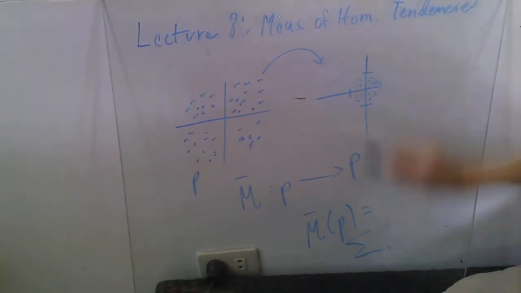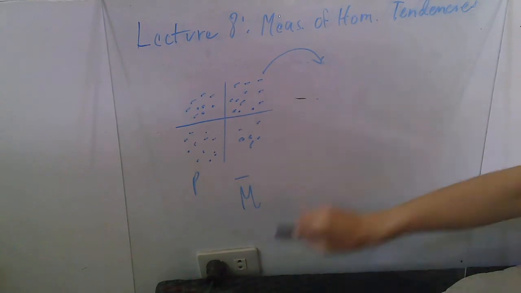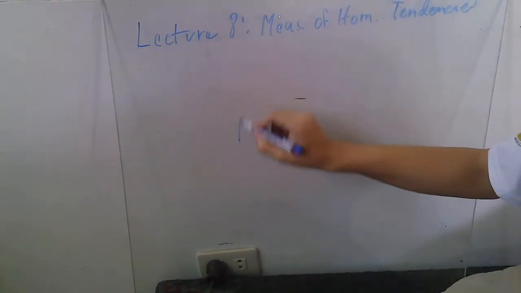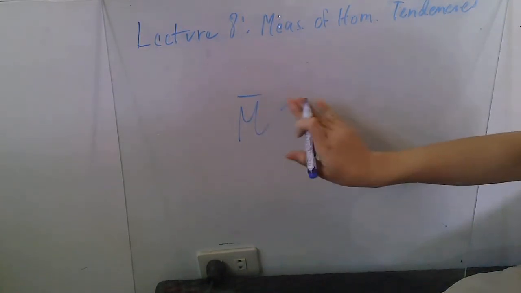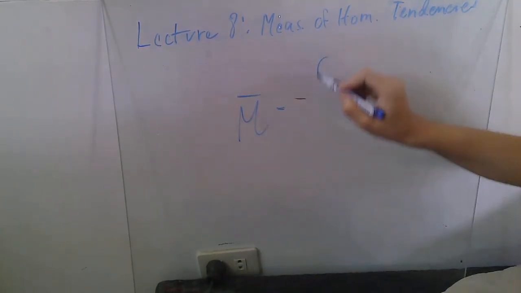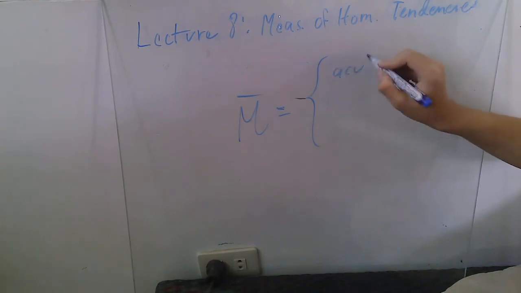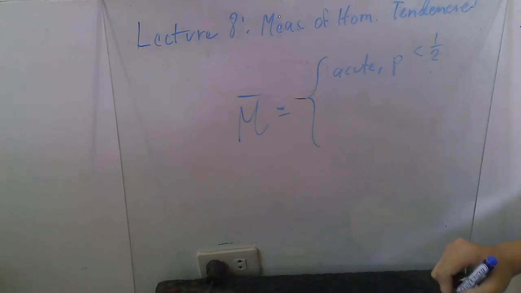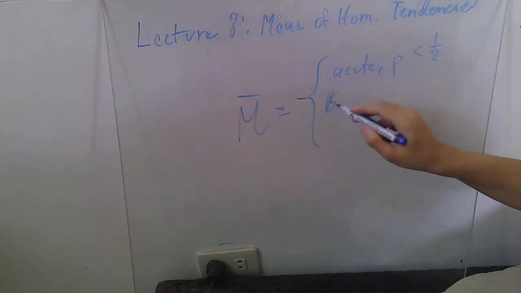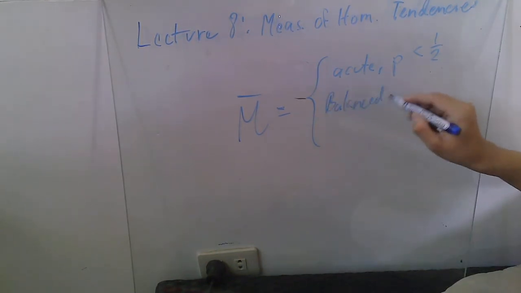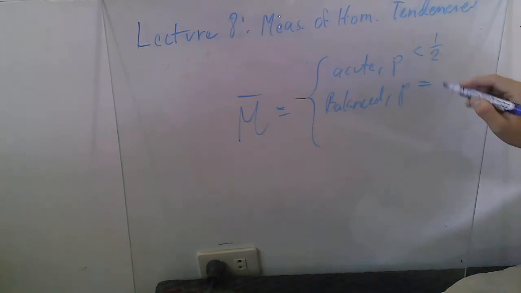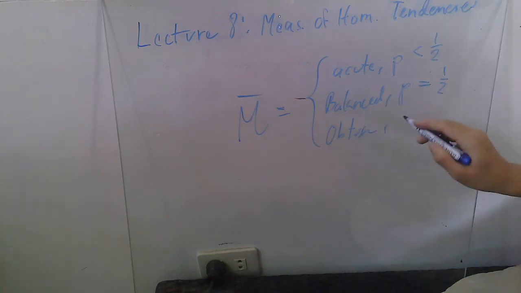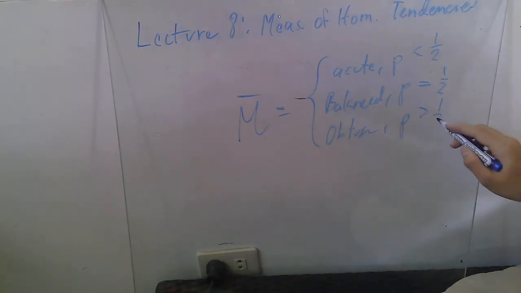I've only discussed percentage notation. What if we want decimal notation? Going back a while ago, mu bar is equal to the piecewise function: acute for P less than 1/2 for decimal, balanced for P equal to 1/2, and obtuse for P greater than 1/2.